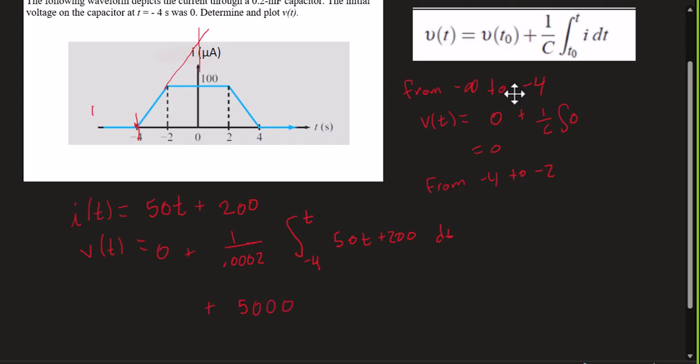1 over 0.0002 is 5,000. And then my integral is going to be 25t squared plus 200t from -4 to t.